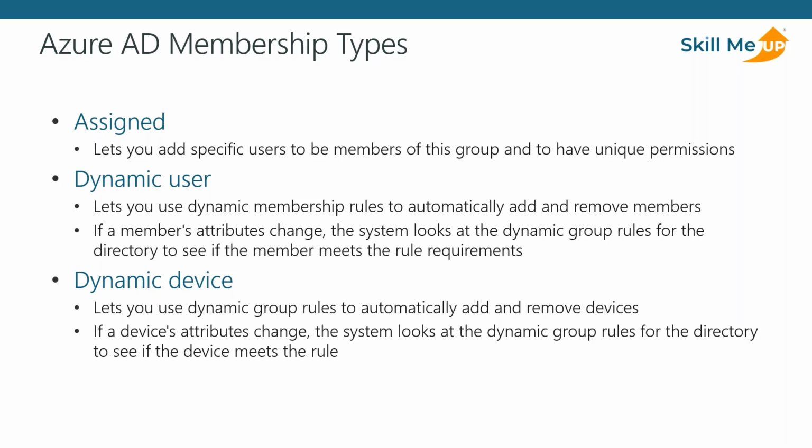So if you're adding devices into groups, we can obviously interrogate the device when it accesses Office 365 at the Azure AD level and at the Intune level, and then we can determine whether that should be added or removed from those specific memberships. Now, when you're assigning licensing, which will also come up as a question at some point on the exam as well, the best way is to utilize security groups, and often a cleaner way is to use dynamic user groups to be able to do that as well.